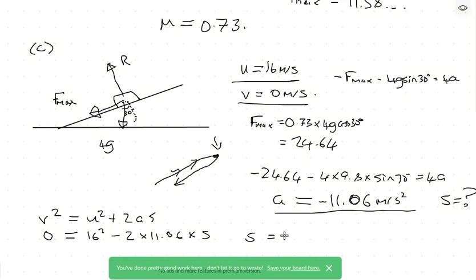I'm getting an answer of, oh, I've typed into my calculator wrong. You know when you see an obviously wrong answer, that's what just happened to me. Okay, I'm getting 11.6 meters.